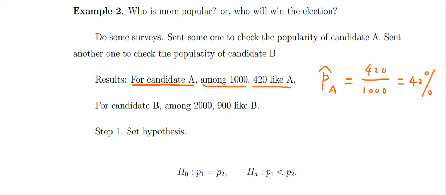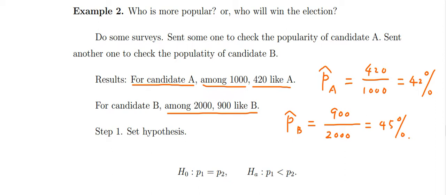For B it is 900 out of 2,000, which equals 45%.